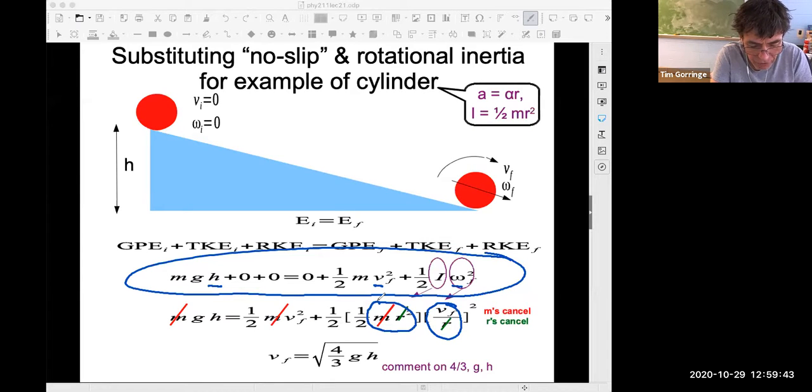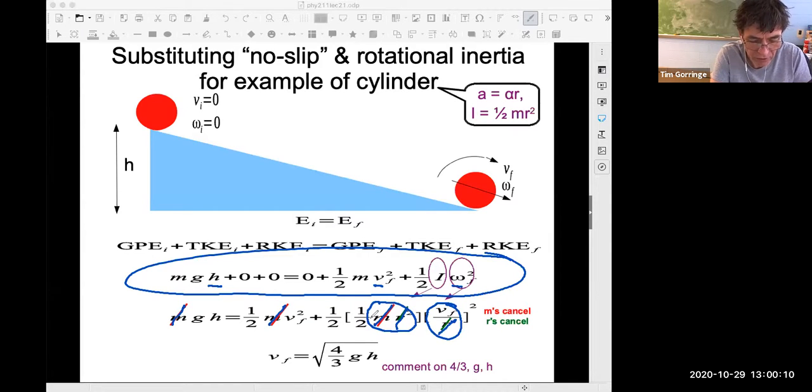I'm doing that here. And so that's the one change I've made. Now, a couple of interesting things happen. So we've got an r squared in the numerator and an r squared in the denominator, and these r's cancel out. So that's neat. Every term, if you look, all three terms have the mass of the rolling object in it, so the masses cancel out.